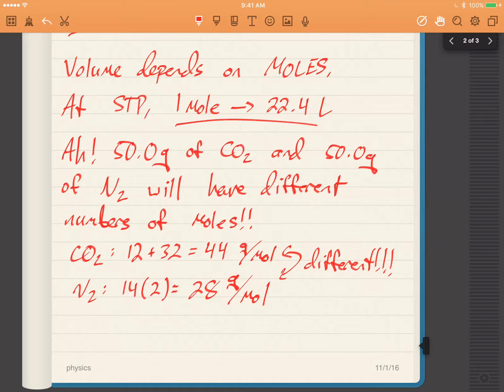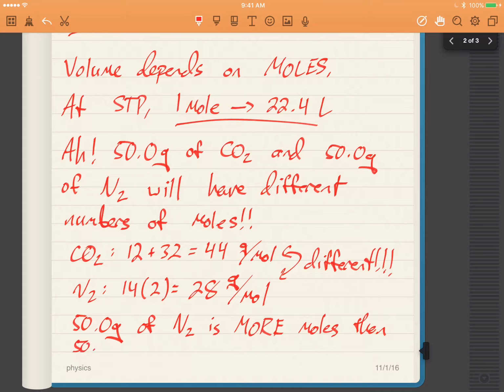Now, the difference between those is very important because it means that 50 grams of N2 is more moles than 50 grams of CO2.